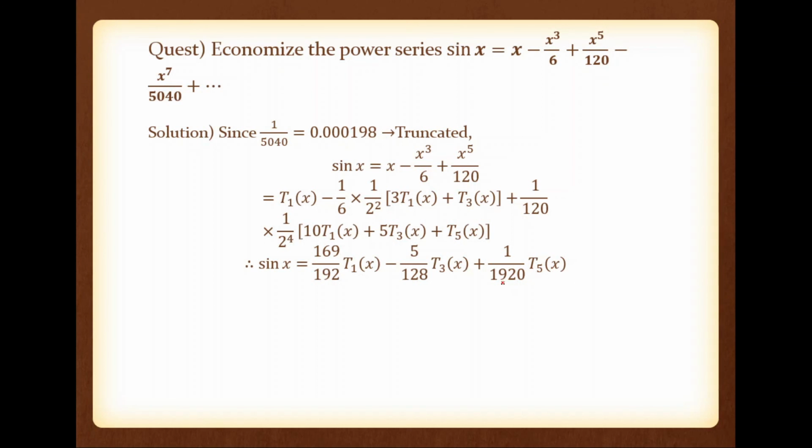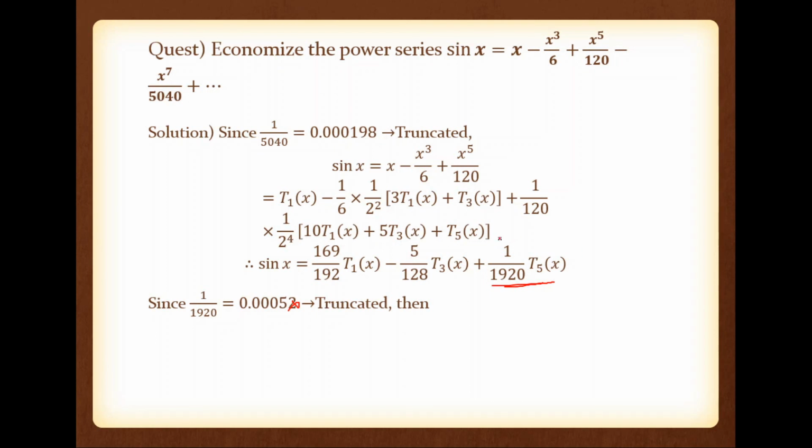So here I think this is very small. 1 by 1000 means that is 0.001. So this is 1 by 1920, right? So what is the numerical value of this one? This one is 0.00052. So if you are using 4 significant digits, then 0.0005. Means if I am removing this term, what is the value of this T5 of x? x is varying from minus 1 to plus 1, so the value of T5 is varying from minus 1 to 1.